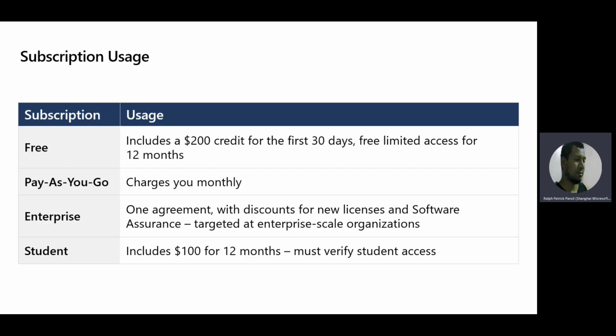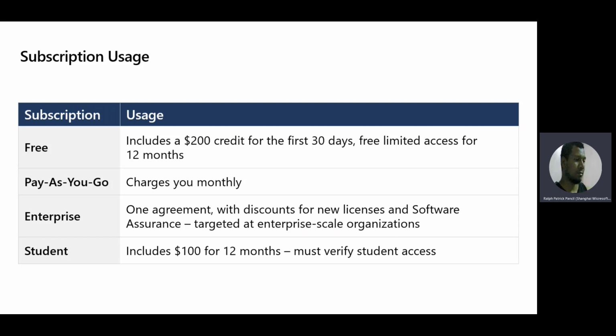This free subscription comes with a free trial account. So you'll get a 30 day trial account with 200 credit. You can use that to, for example, test some Azure resources before you decide to select either pay as you go or enterprise, right?